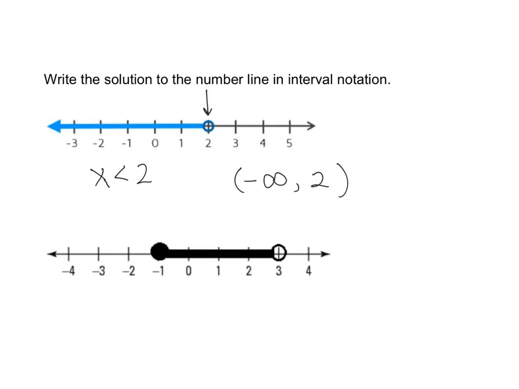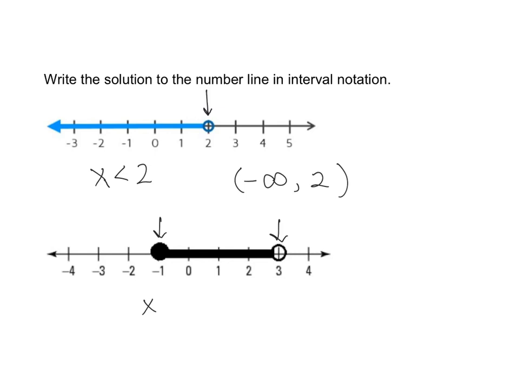In our last example, we have the number line where I've got a closed circle at -1, and I've got an open circle at 3, and I've shaded between the two numbers. So that's a compound inequality, and it's going to be "and." It's going to look like that example we did above with -7 less than x less than or equal to 6. I'm going to have my variable in the middle, and I'm going to have numbers on each side.